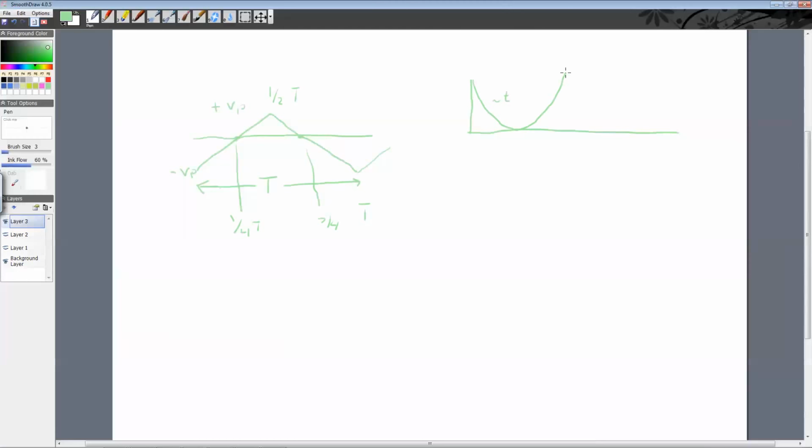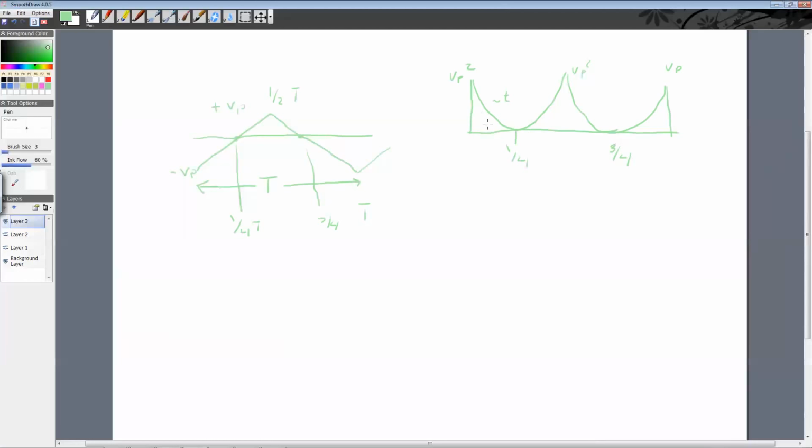Then we have this, so that would be VP squared. VP squared comes back down and goes back up. VP squared, right? This is, I believe, at a quarter, 3/4, and I look at it and say, what is the easiest thing for me to integrate?